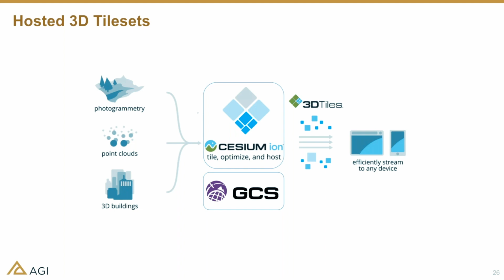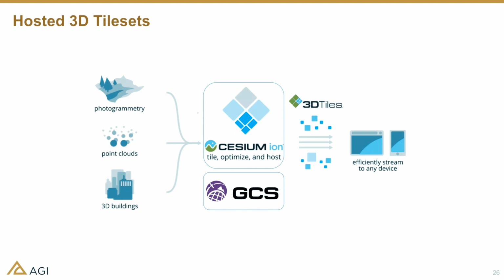So before we get kicked out of the building by property management, we should also comment on hosted 3D tiles. We've seen the beautiful local tile sets, and we've seen the tile sets hosted in GCS. But you might be wondering, how do I get my data into a 3D tile set?